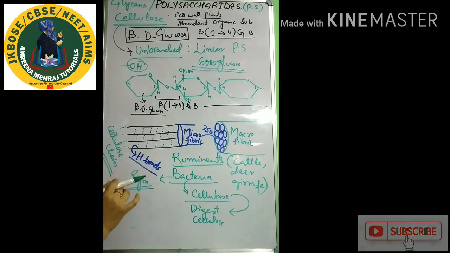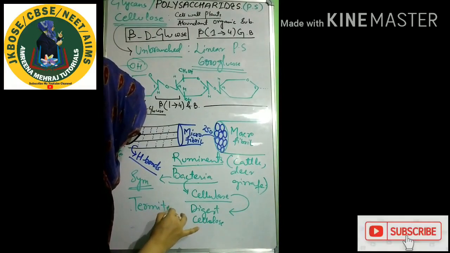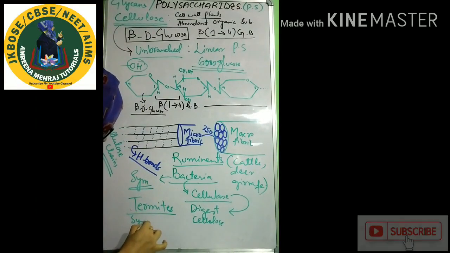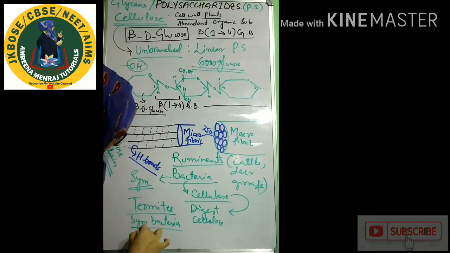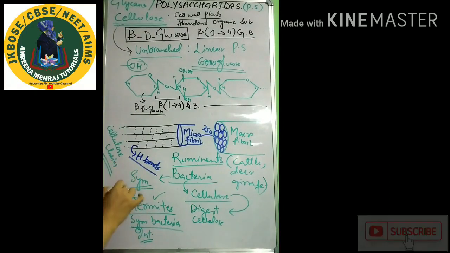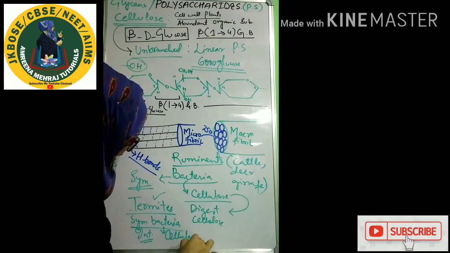For that matter, even termites also have symbiotic bacteria in their intestines, which help these termites to digest cellulose, because those bacteria also release cellulase.